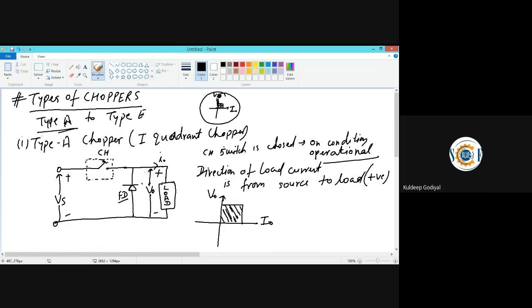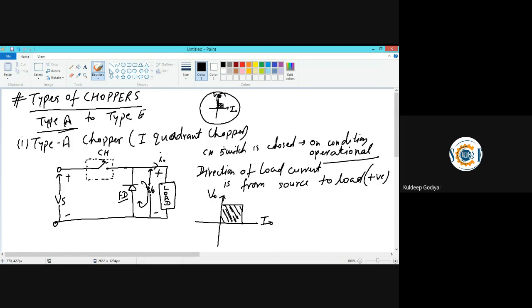This clockwise current is supported by the freewheeling diode, even as the load voltage has decreased to zero. So this chopper will give us output in such a manner that voltage is positive and current is also positive.